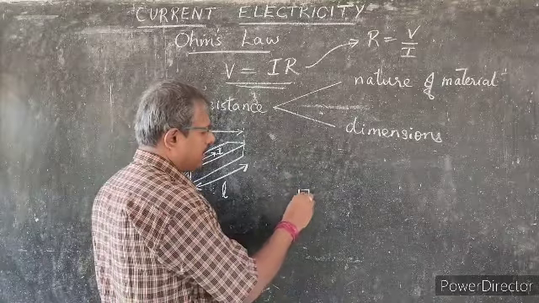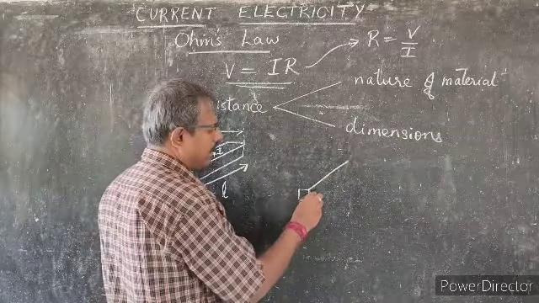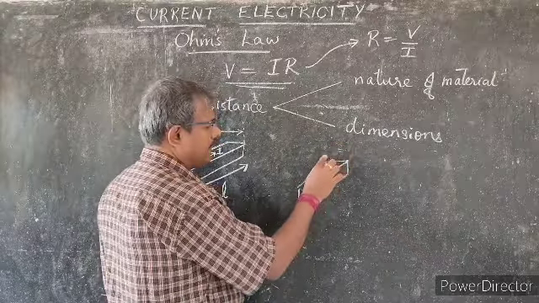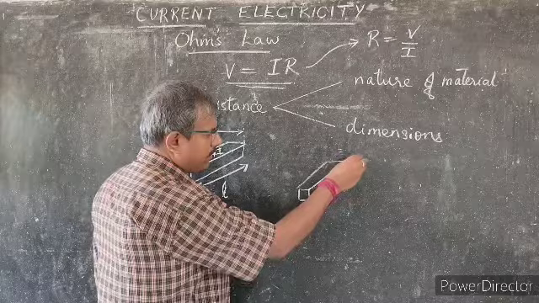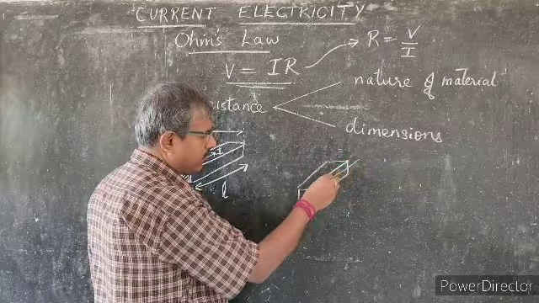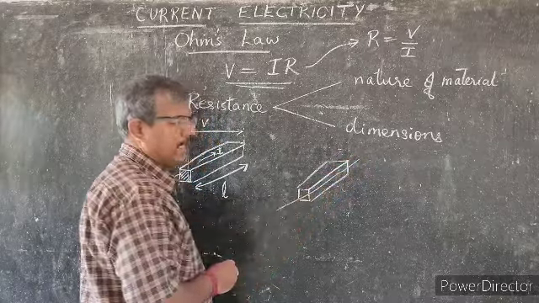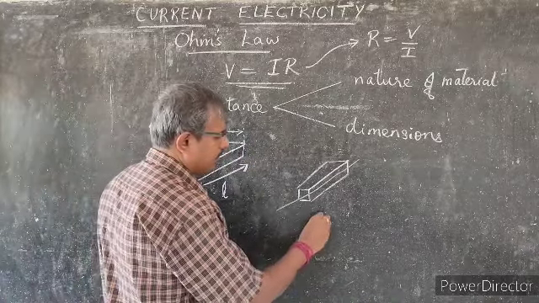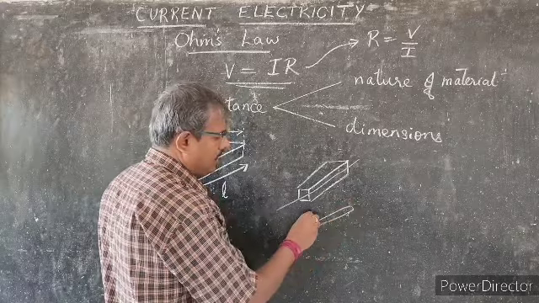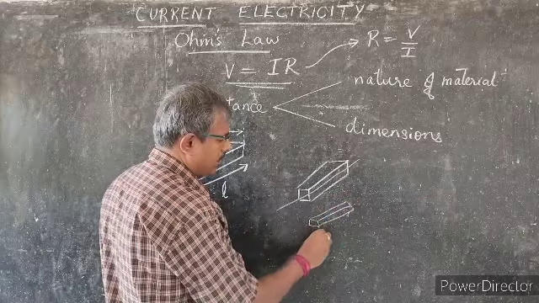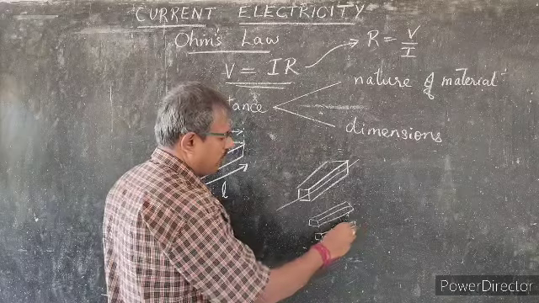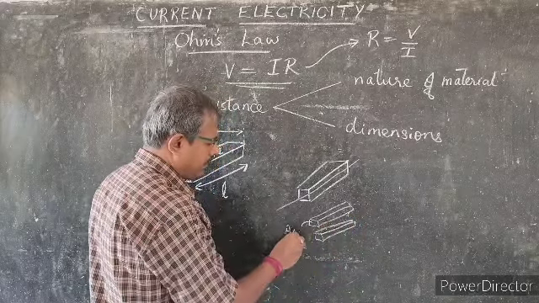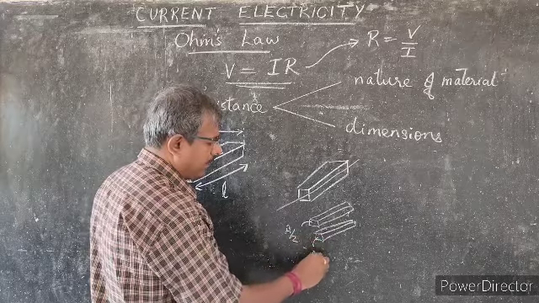For the second scenario, I am taking the single piece of conductor which is of length L, and I am cutting it in half along its length. So I get two pieces which are of cross-sectional area A by 2 and A by 2.